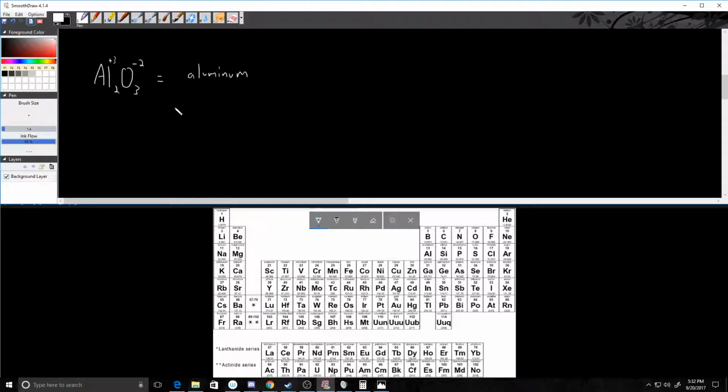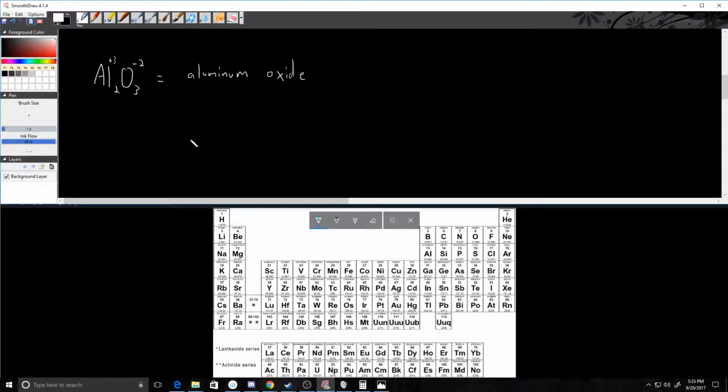I don't mind the British way of pronouncing it. Second step, name the nonmetal, oxygen. Third step, change it so it ends with IDE. So oxygen, I'm actually going to get rid of the whole thing. Oxygen becomes oxide. If you've heard of iron oxide, we typically call that rust. The oxide just means there's oxygen in there.